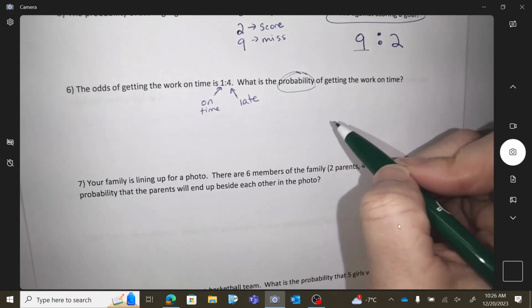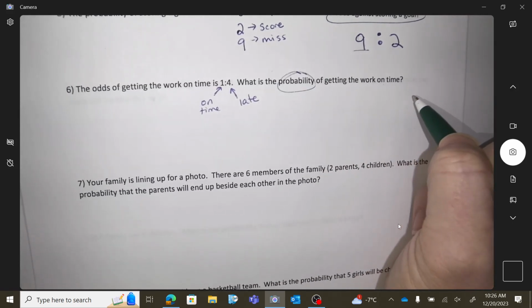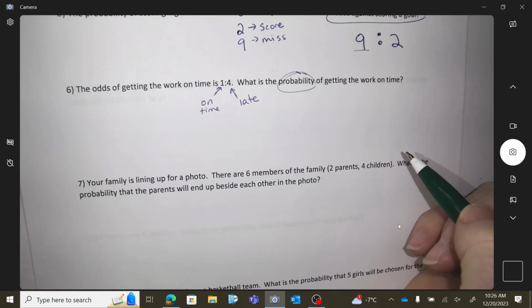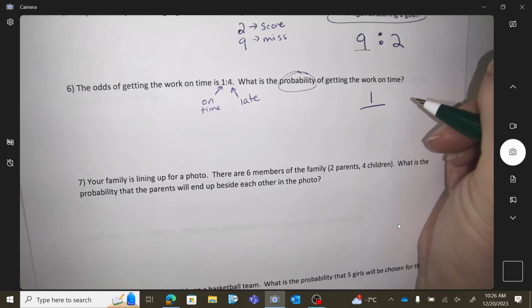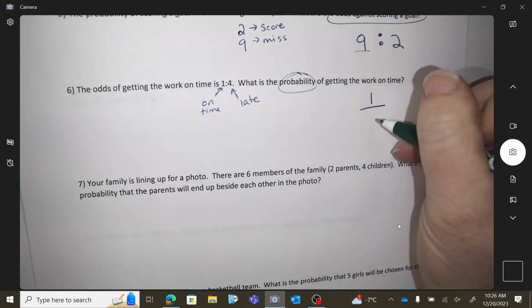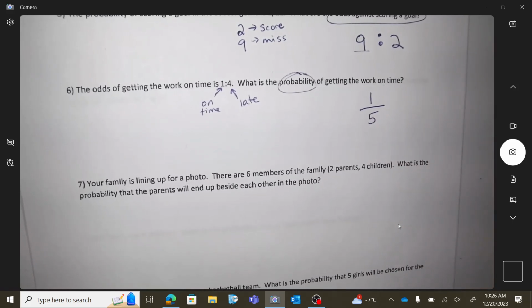What is the probability of getting to work on time? So how many on times were there? 1 out of how many times did you go? 5. So remember again, every time you have that colon thing, the 2 numbers in there add to the total.